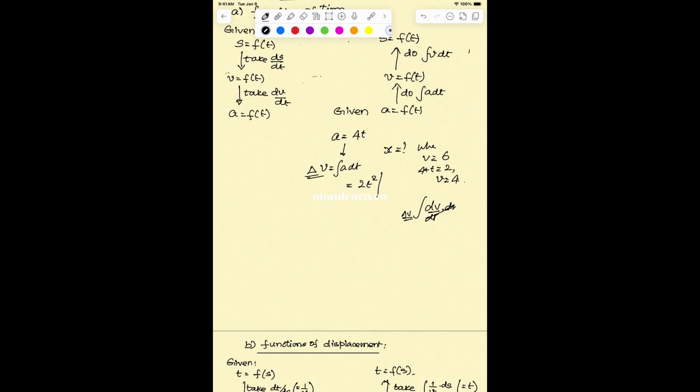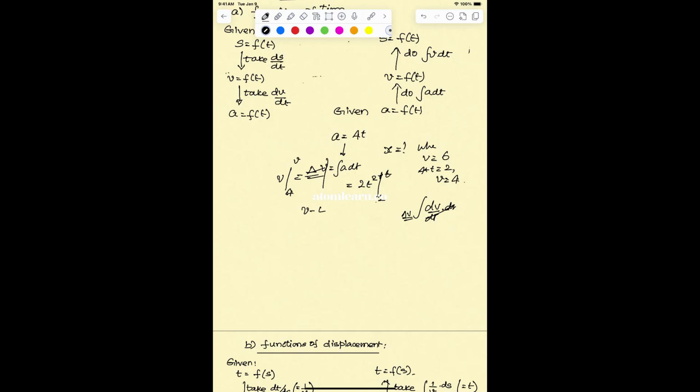In which case, it is like this: velocity equal to 4 at t equal to 2, and velocity at any time t.